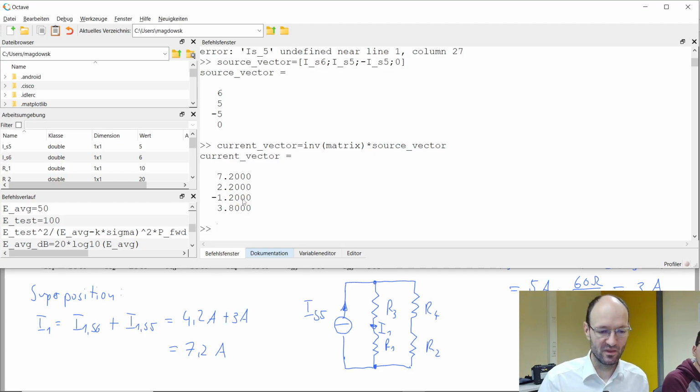So if we just take these currents, so take this current vector and multiply it with a vector that contains all the resistors, R3 and R4.